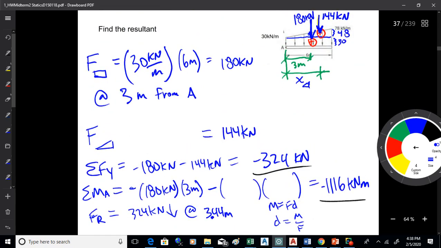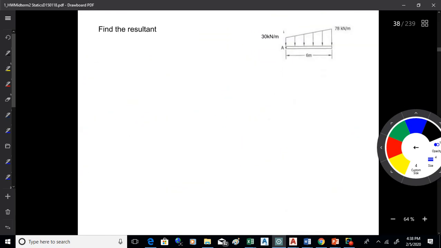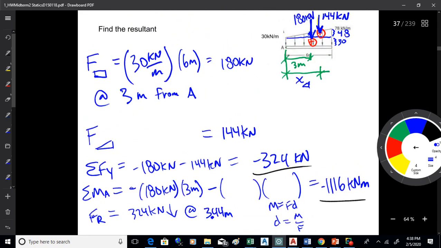So we're good? Okay. All right, now we got another one too that doesn't have the first part of this, but the part where you find the resultant is a little bit more complicated. It's got more pieces to it. Okay, so let's see. That first one was on page 11A.